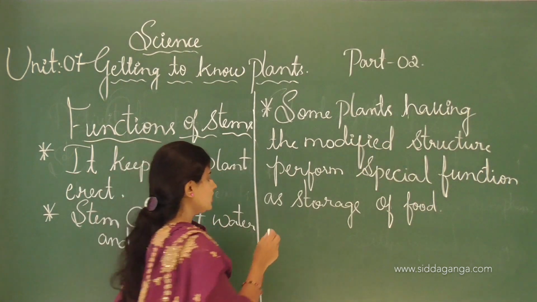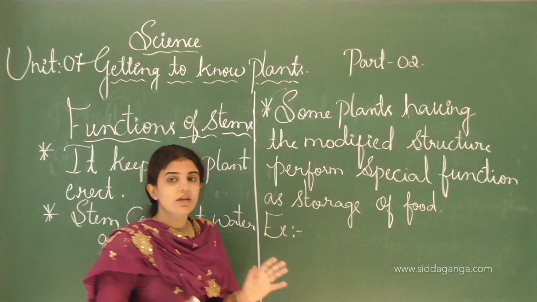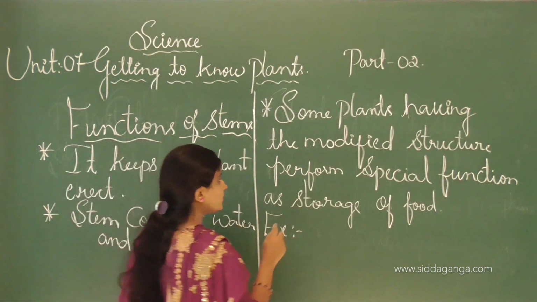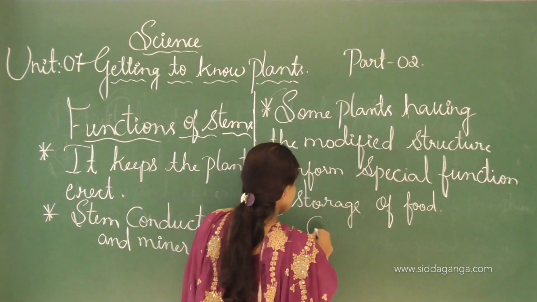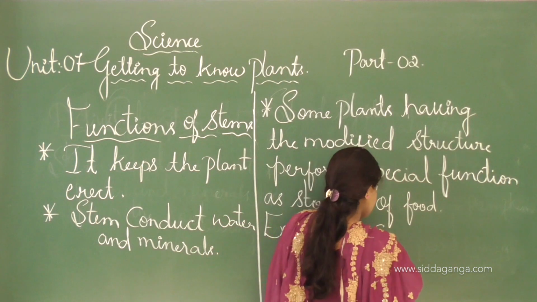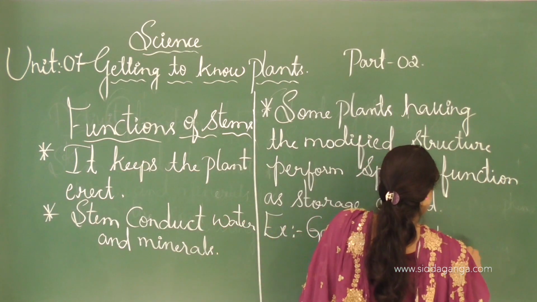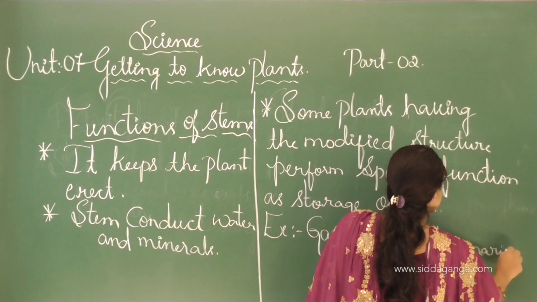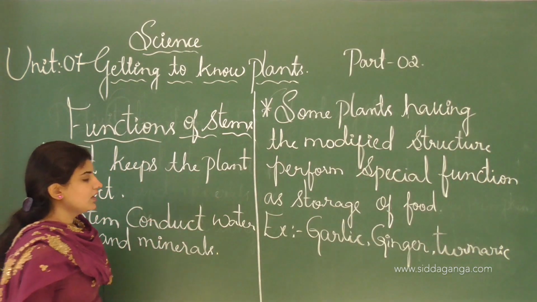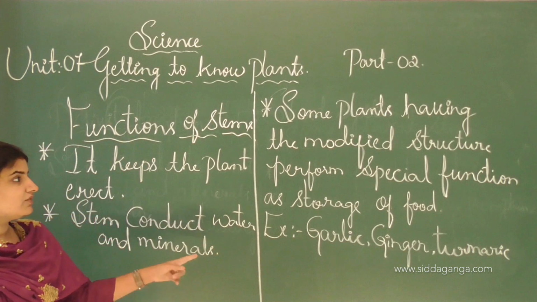Examples for the modification of stem are garlic, ginger, and turmeric. These are a few examples of stem modification. See, this is one of the functions of the stem.